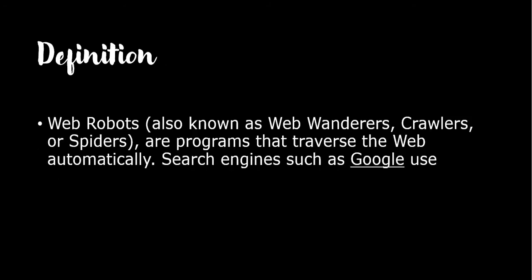Now let's look at the definition. Web robots, also known as web wanderers, crawlers or spiders, are simple programs that traverse the web to get the required information. For example, if I type best surgical instruments, those keywords are used by the web crawler.